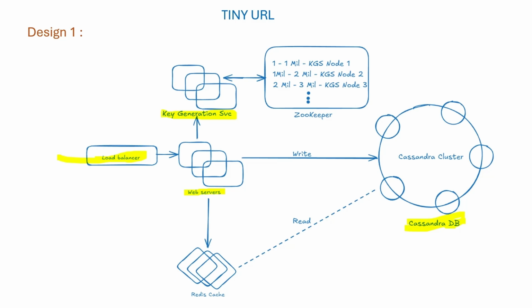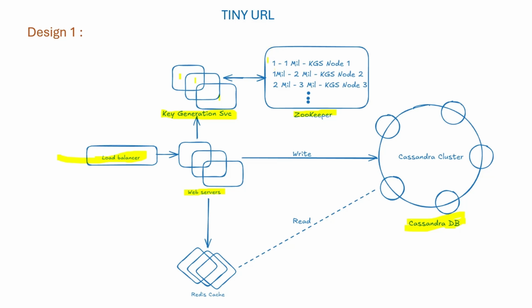To generate the short URL over here, we'll take help of ZooKeeper. Say there are five different servers or nodes in the key generation service: one, two, three, four, and five. The ZooKeeper will be responsible for sharing a limited set of numbers for each node.